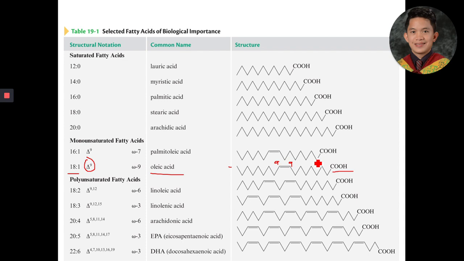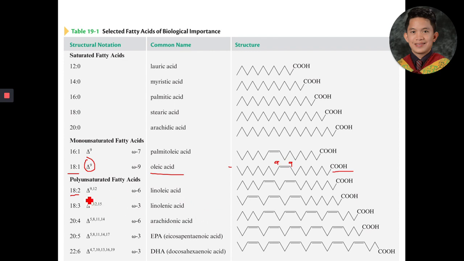Now for the polyunsaturated fatty acids, we have here this numerical notation 18:2, meaning there are 18 carbons and 2 double bonds. Now, where are the double bonds positioned? Take a look at the delta notation.